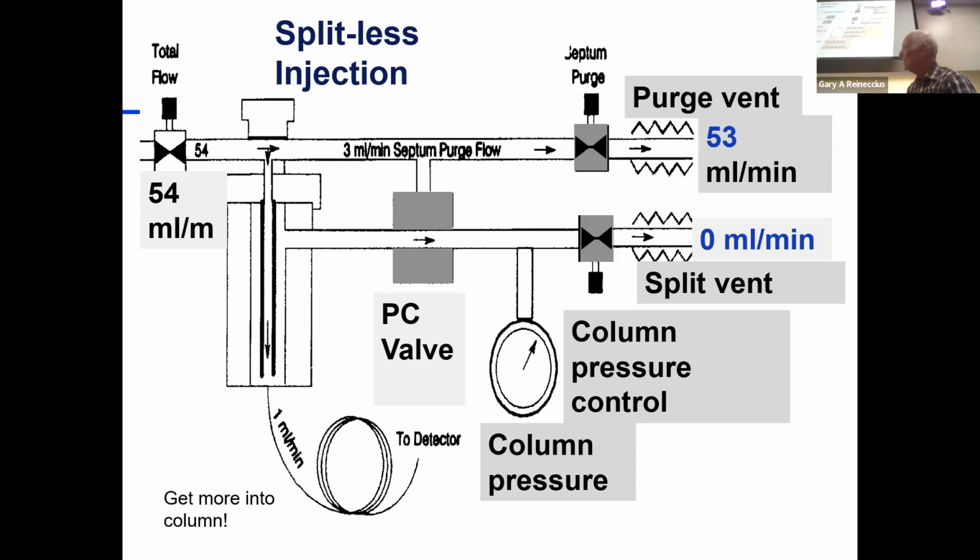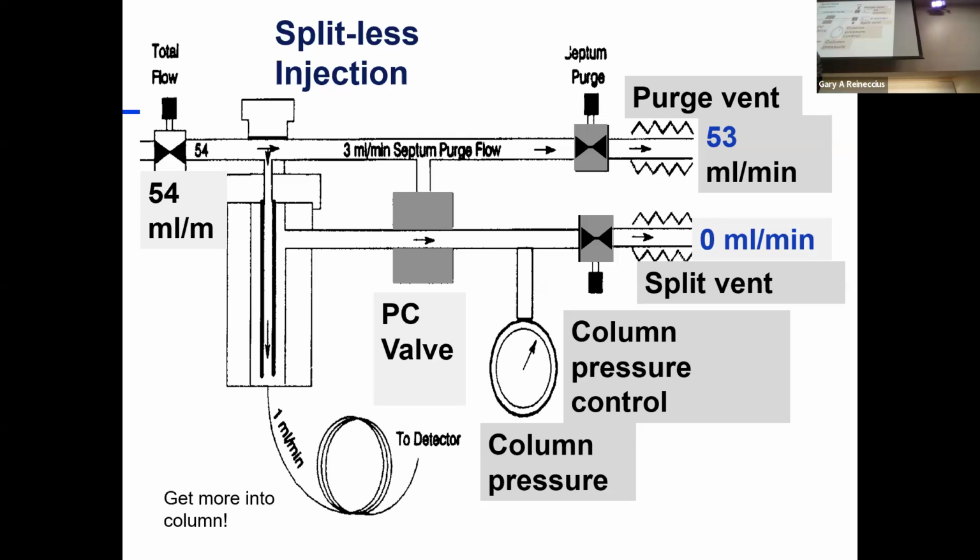This is a splitless injection. And in that case, our system flows are really quite different. Over here, again, we've got the same injection port, 54 mils per minute. But what we have essentially is a large flow up there.